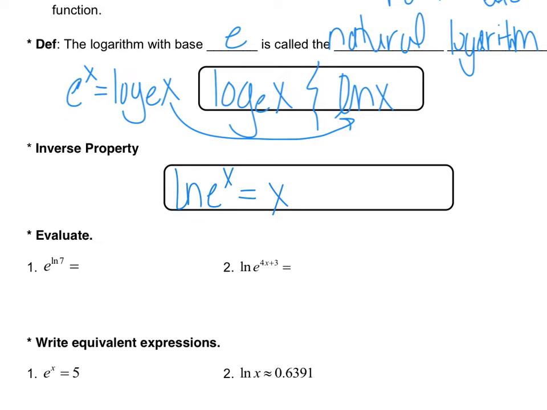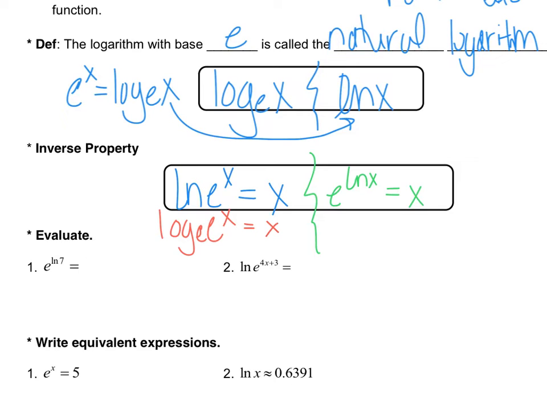Think about why that is again. This is log base e of e to the x, and remember that if there's an exponential function within a log and the bases match, you get just x. Same thing over here. If you have e to the natural log of x, that just equals x.